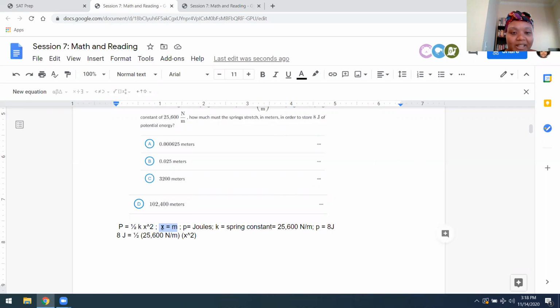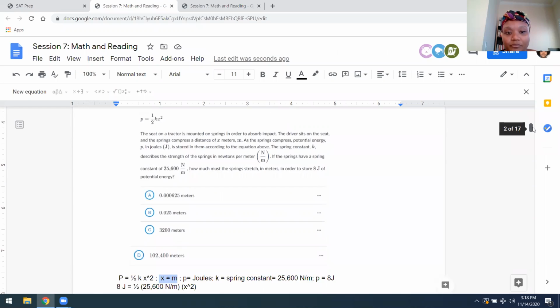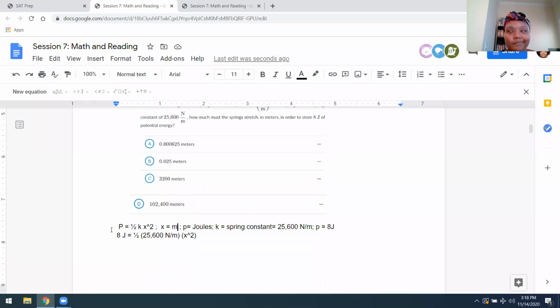Remember, X is measured in meters, and we know that because the second sentence says the springs compress a distance of X meters, or in M. So in terms of this equation, we know that we're looking for X.